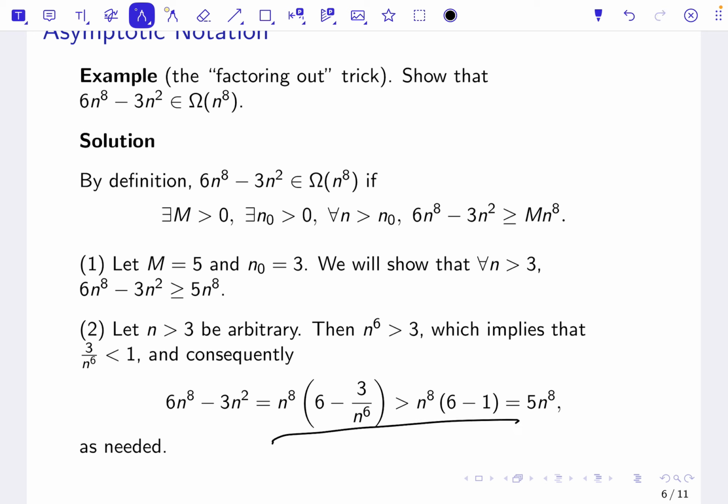But this greater than step is not immediately sensible. And it'll take some turning of the gears in your brain to remember that 3 over n to the 6 turning into 1 comes from this sentence.